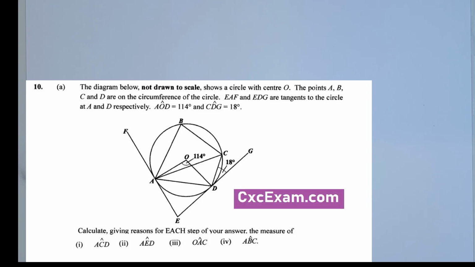This is the next question. We need a figure. So let me draw the circle.